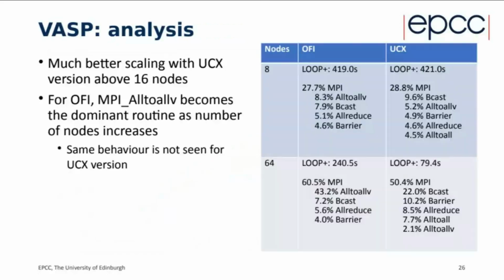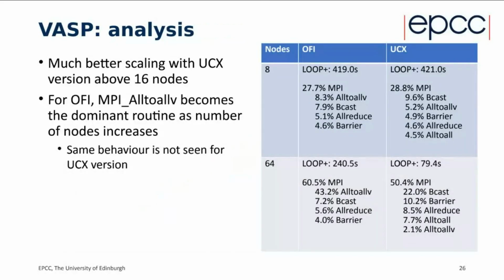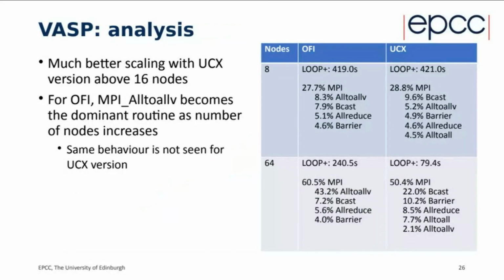And again, it's a similar story to CP2K in that if you look at the actual profiles, especially in the regime where OFI is no longer scaling well, you can see that a large amount of the time ends up in MPI Alltoallv for OFI, but that isn't manifested in the same way for UCX.